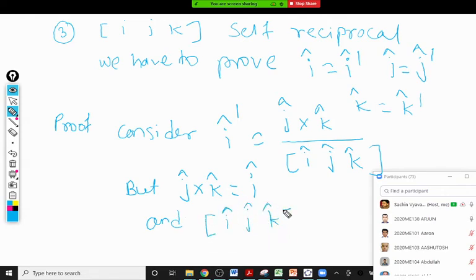So we'll get I. This implies I cap dash is equal to I. We can say similarly, J cap dash is equal to J, K cap dash is equal to K. Hence, I, J, K are self-reciprocal. That's the end of the proof. It's just by definition, nothing more.